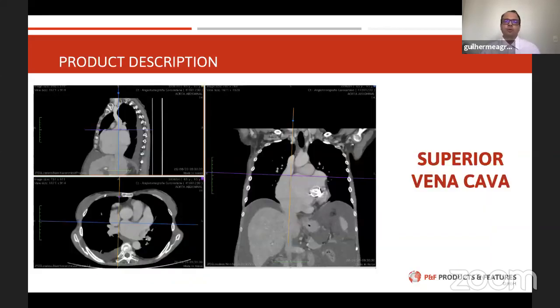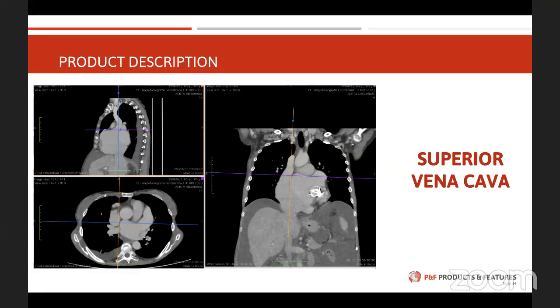Then for the superior cava, we have a special design of the valve to accommodate this part, and we see after computed tomography evaluation that in most of the cases we have this angulation in the cava, and we have a tapered superior cava.